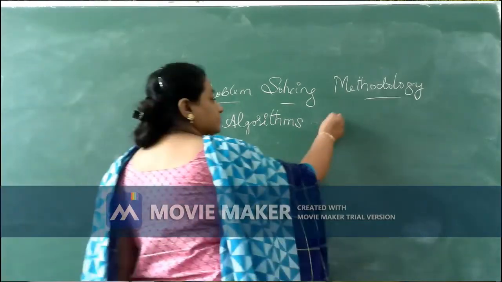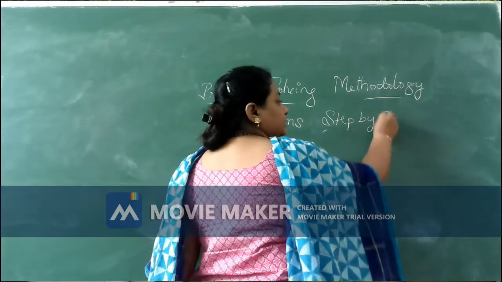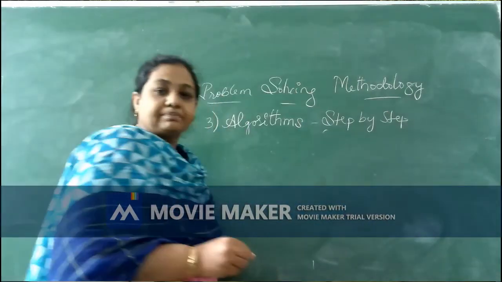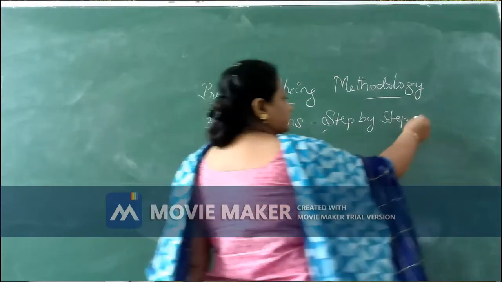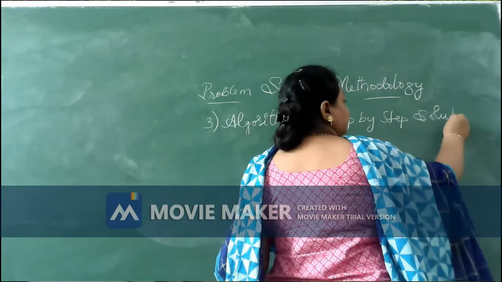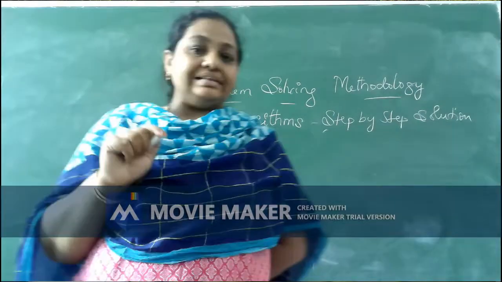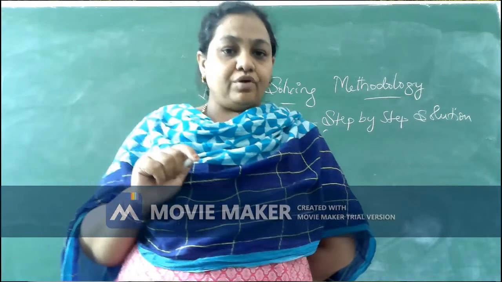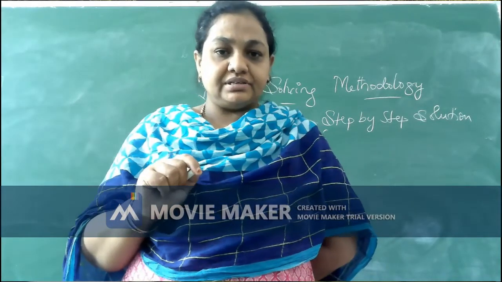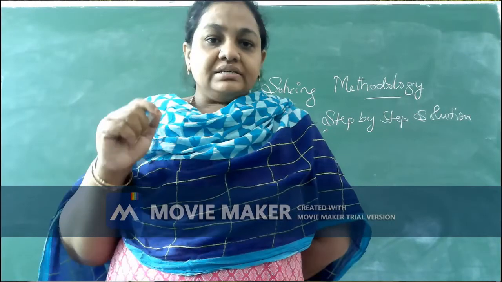So algorithm is named after Muhammad Abu al-Jafar Khwarizmi. He is the Arabic poet and mathematician of the 9th century. He invented this technique. What is this technique? This is nothing but writing the steps required to solve the given problem.